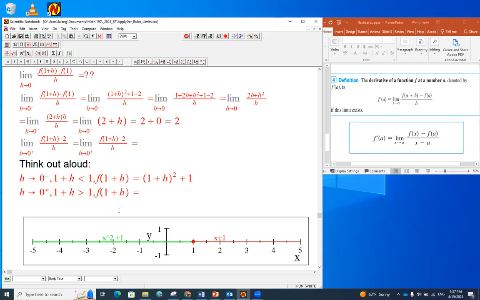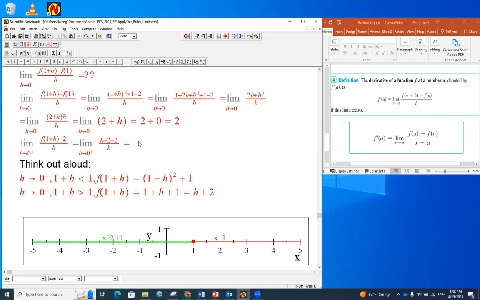So f of x equals x plus 1. So f of 1 plus h is going to be 1 plus h plus 1. And that, of course, gives us h plus 2. So this piece is going to be h plus 2.